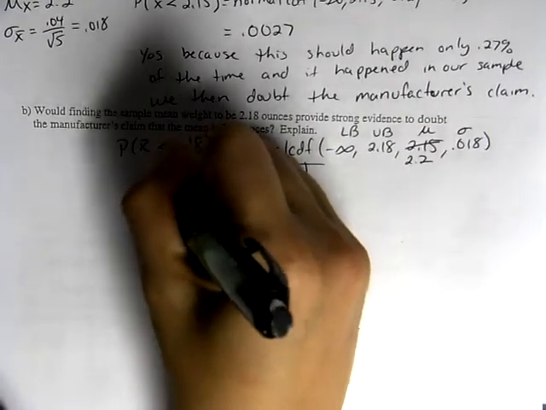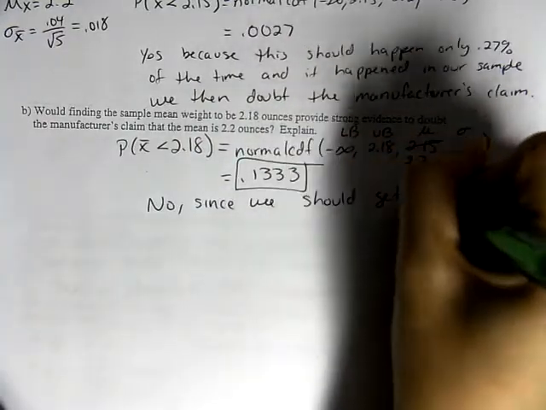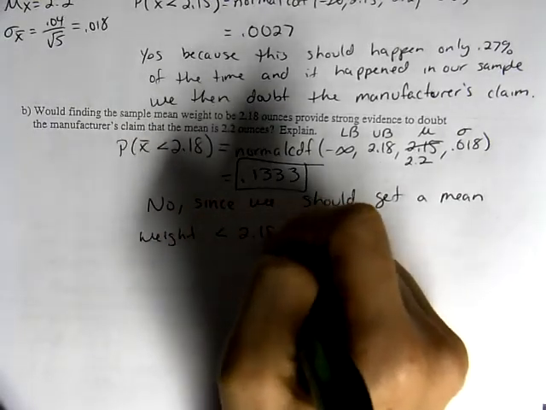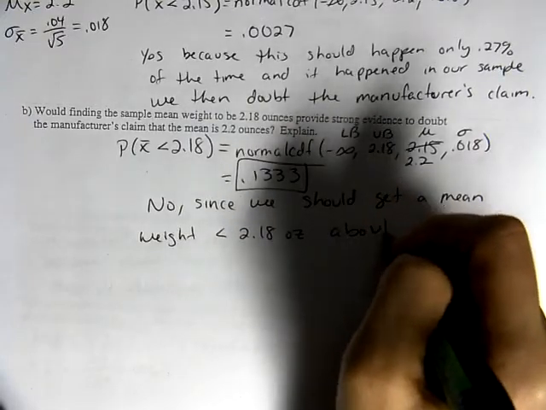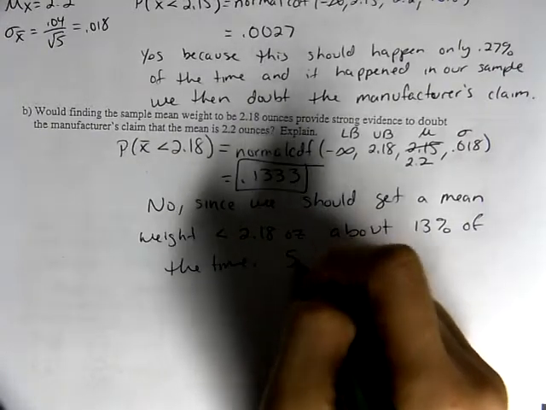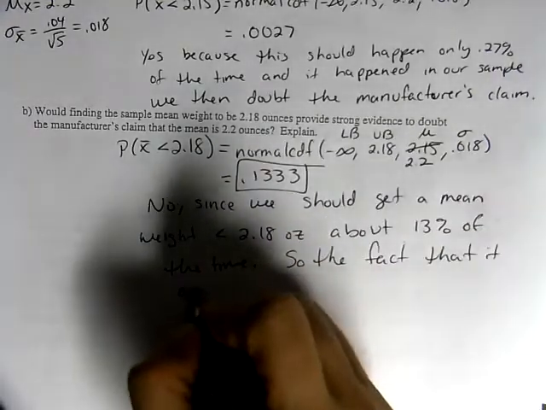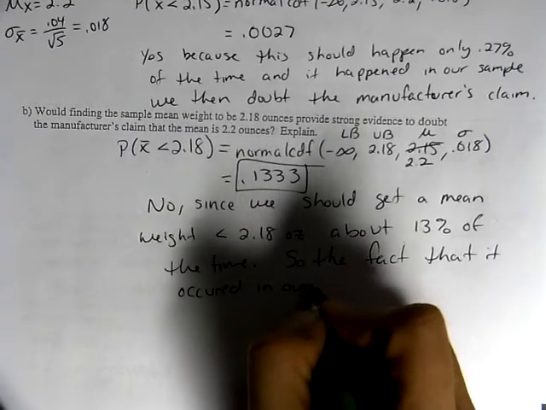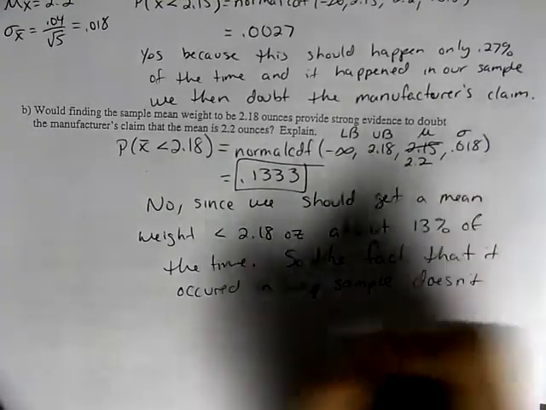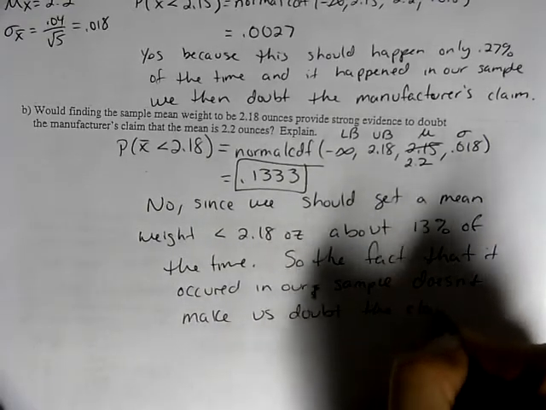So, no. Since we should get a mean weight less than 2.18 ounces about 13% of the time, the fact that it occurred in our sample doesn't make us doubt the claim.